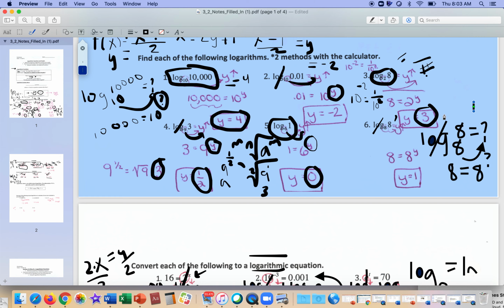Now the reason for that as well is you can use your calculator. If you go to your calculator, on the left-hand column, there's a log button and there's a natural log button.